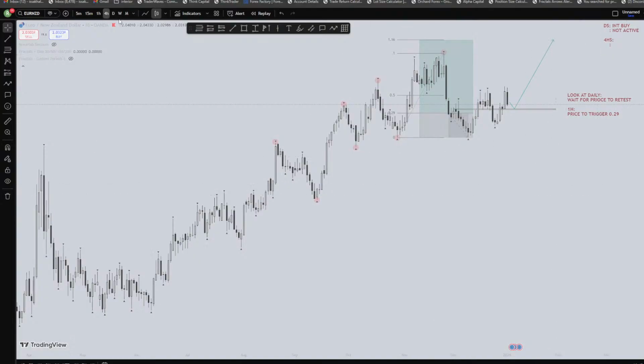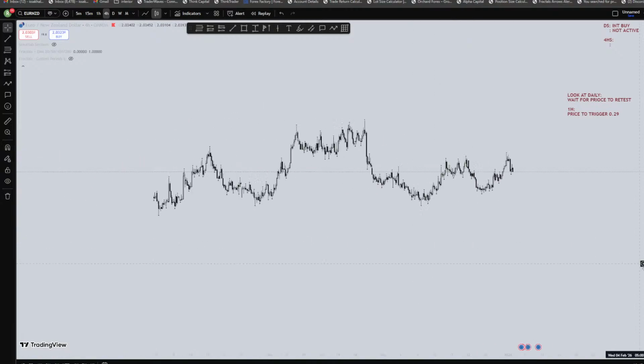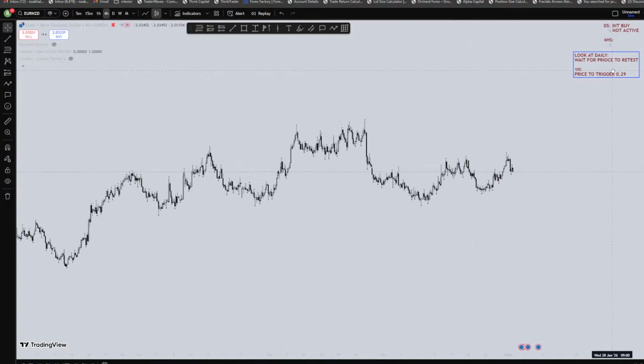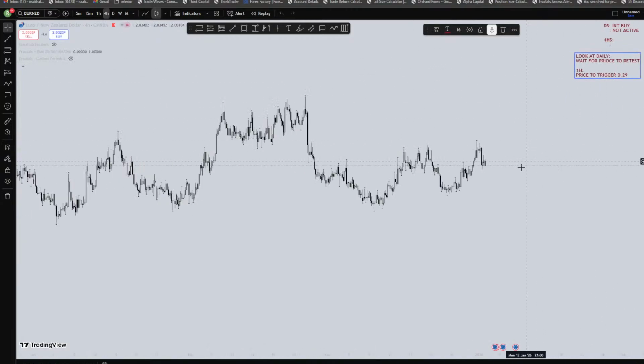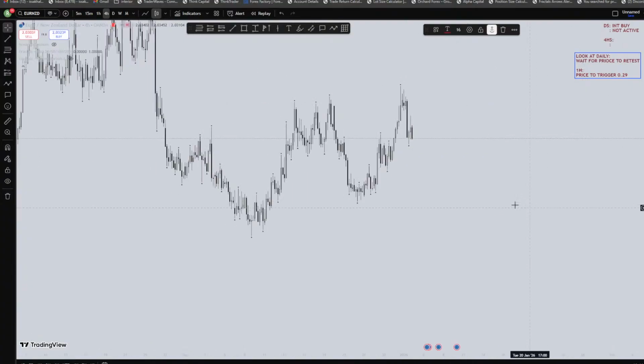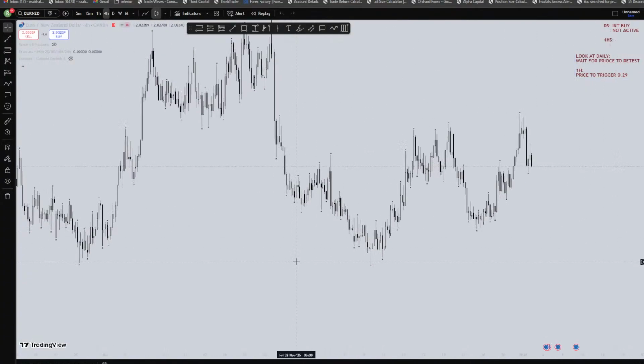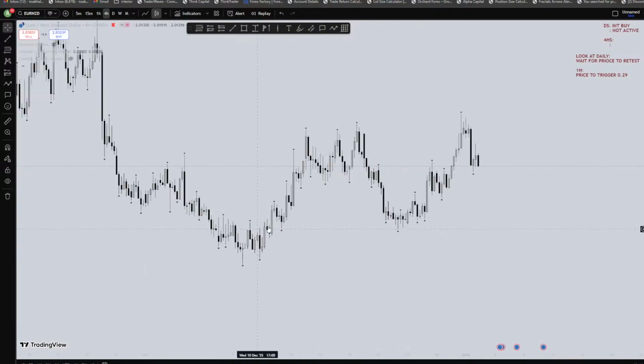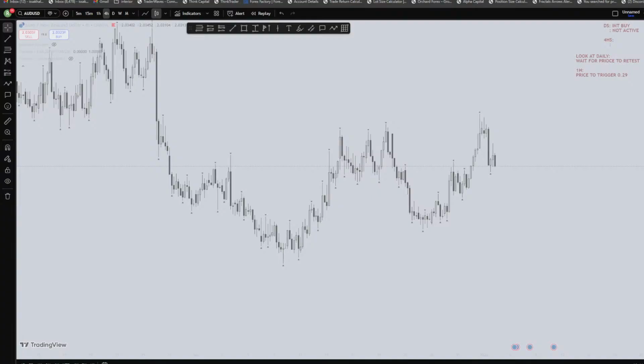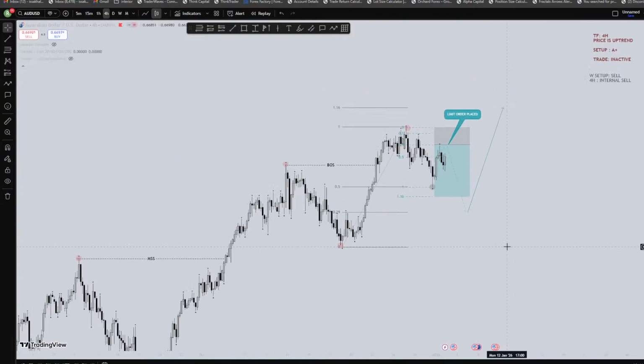Okay, and the 4H is nothing. I just zoom in. An external low pushed higher with back structure shift, came back down, pull back up, but took this out again, so nothing.